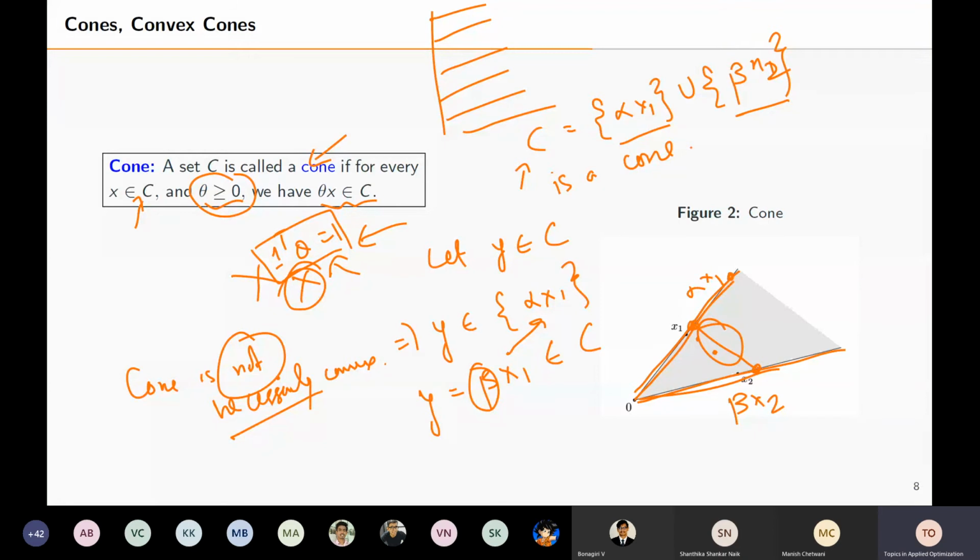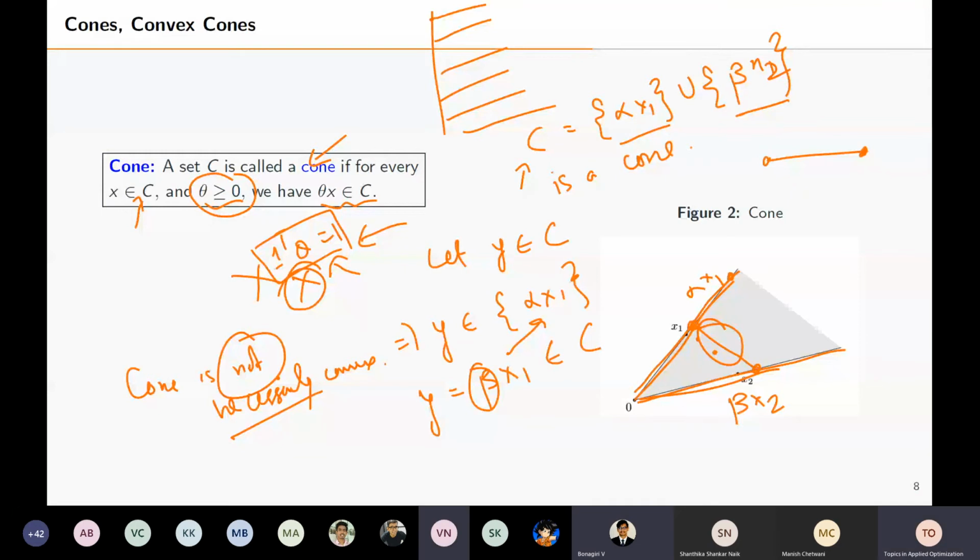But is a line segment a cone? Like from here to here, it is convex, but is this a cone? Is a line segment a cone? If x1 and x2 are the same.